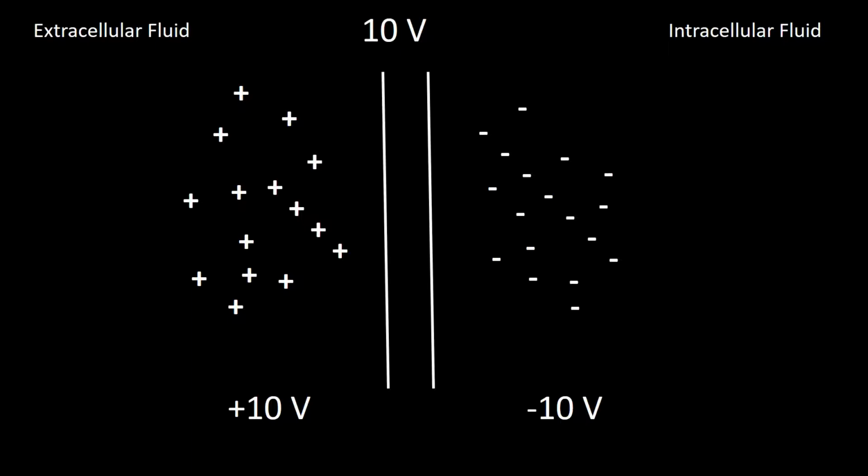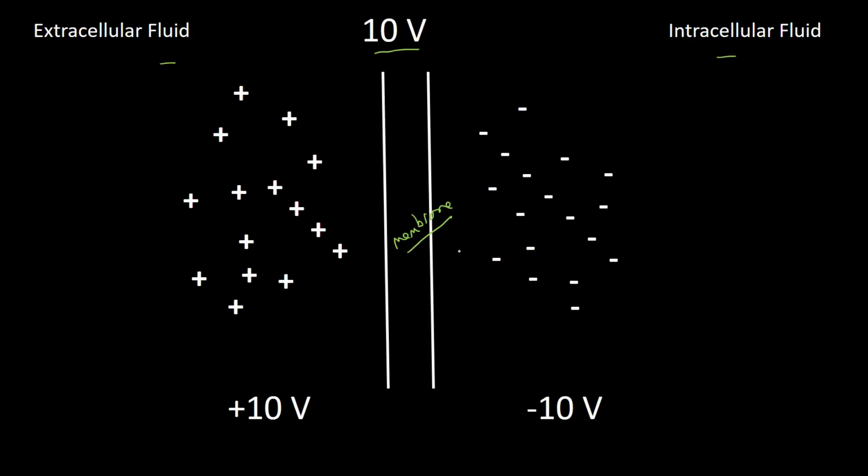All right. So before I showed you where we had 10 volts of charge separated. That was just a potential. Now, let's say this is the extracellular fluid and this is the intracellular fluid, this would be the cell membrane. That phospholipid bilayer that's semi-permeable.